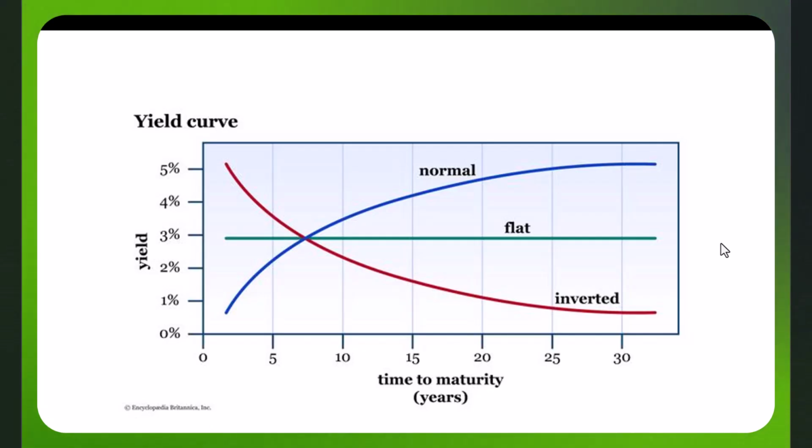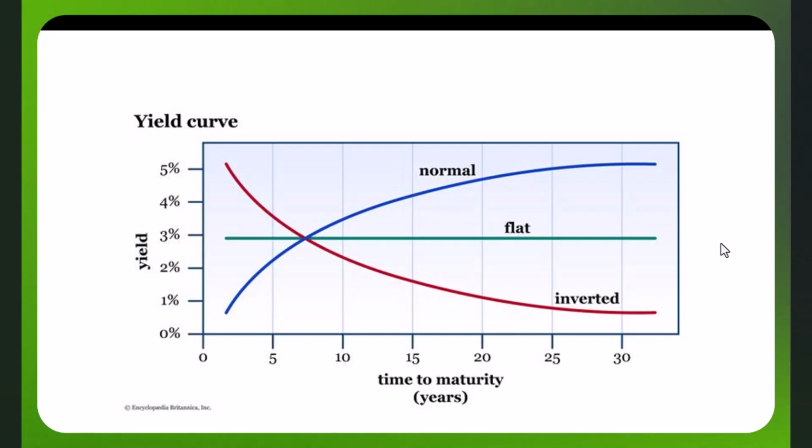Why an inverted yield curve? Well, people have found, doing research, that the inverted yield curve tends to be a reasonably good predictor of recession. It doesn't always happen, but when the yield curve inverts, it may be a warning sign the recession is coming. Why?